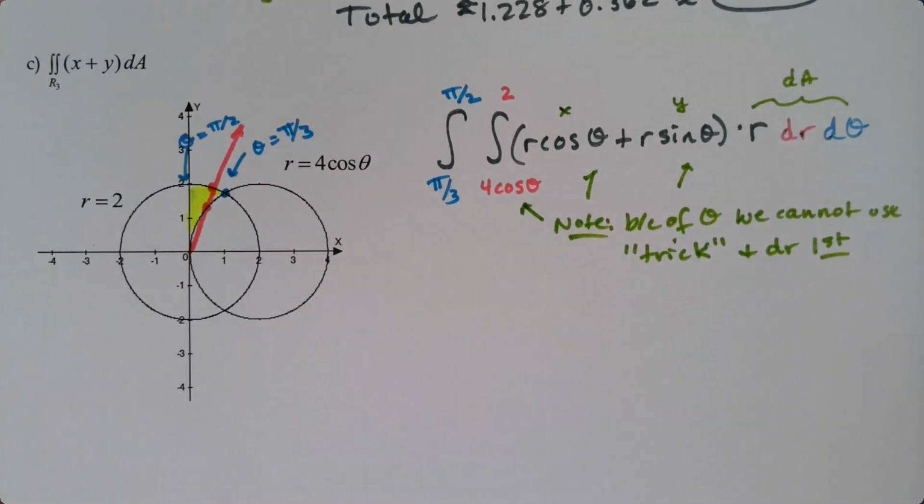We have to do the dr first, because the r value has a theta in it. So we definitely have to go in dr d theta order. We can't use our trick of making it disappear. Boo. Okay, well, let's do it.